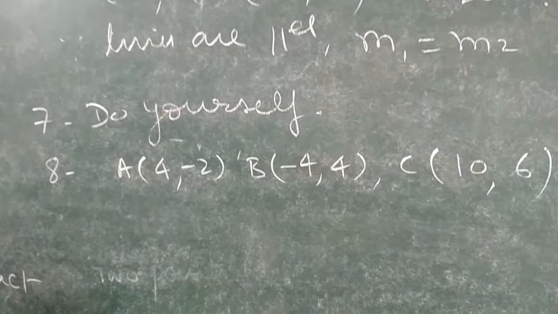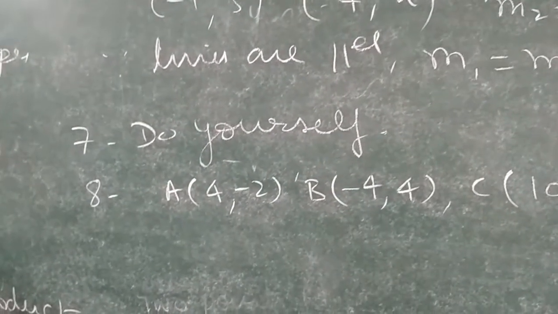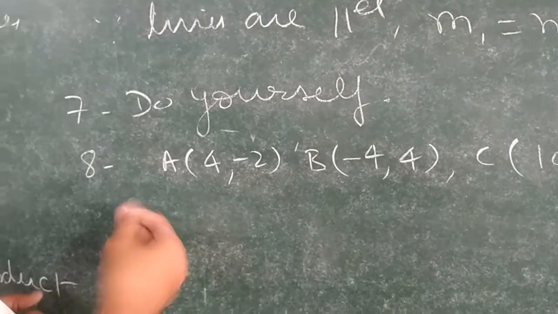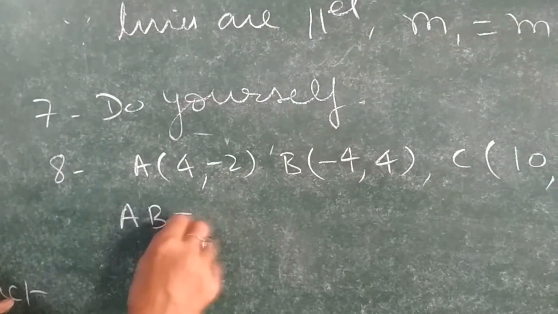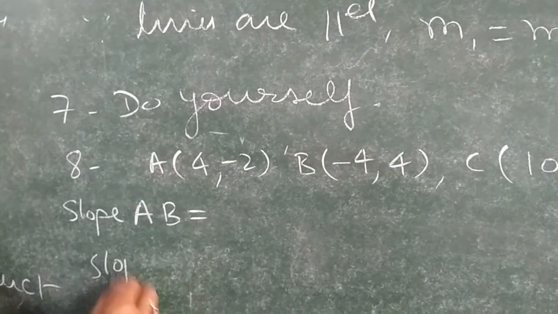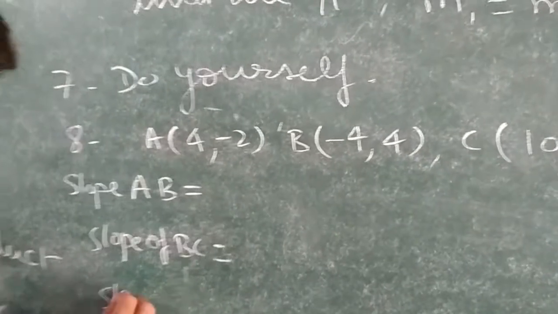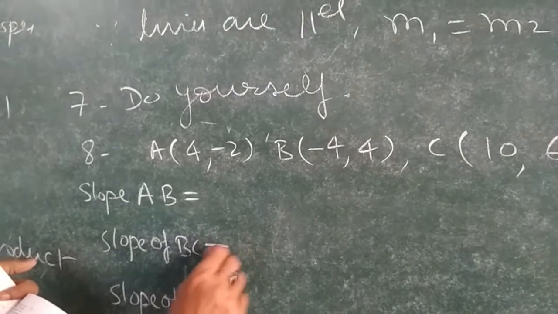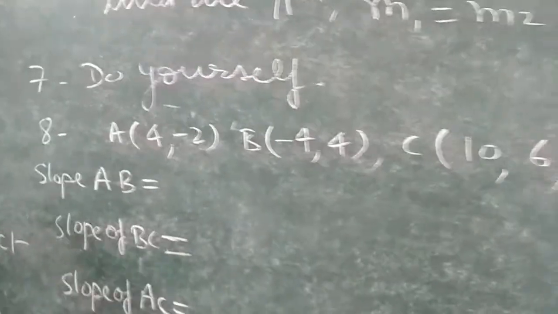We have to prove that these are the vertices of a right angle triangle. So we find their slopes because there will be 3 sides. One side is AB, slope of AB you find. Slope of BC you find. And slope of AC you find. Then we can decide by using the condition m1 m2 equal to minus 1.